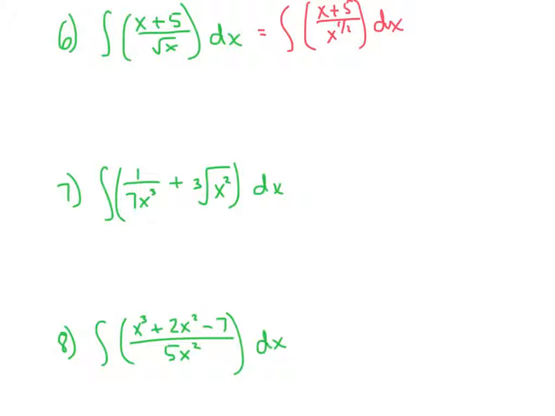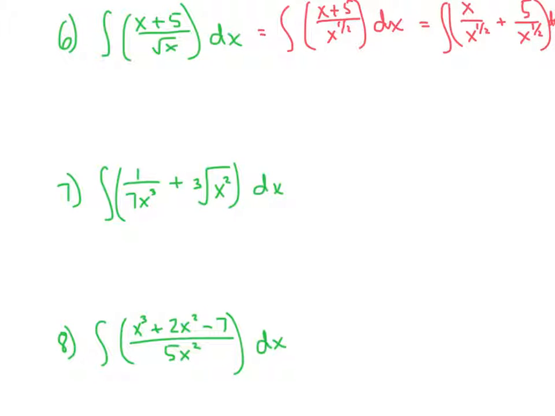Then I'm going to go ahead and break this. Remember, if you have a polynomial divided by a monomial, it's the same as dividing that monomial into each term of the polynomial. So it's the integral of x divided by x to the 1/2 plus 5 divided by x to the 1/2. And then, of course, your dx.